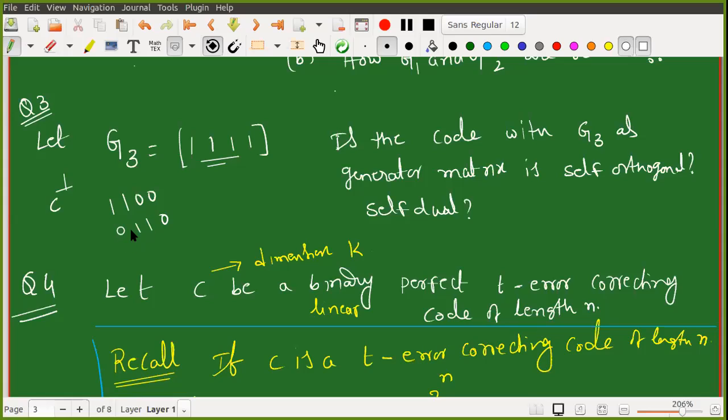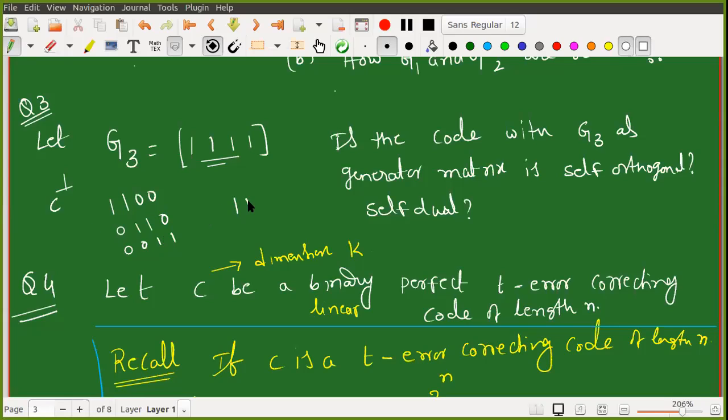Yes, because they are not equal. Good. So 0, 0, 1, 1. Now any two are linearly independent. What about all three of them? They are also linearly independent, you can check that easily.